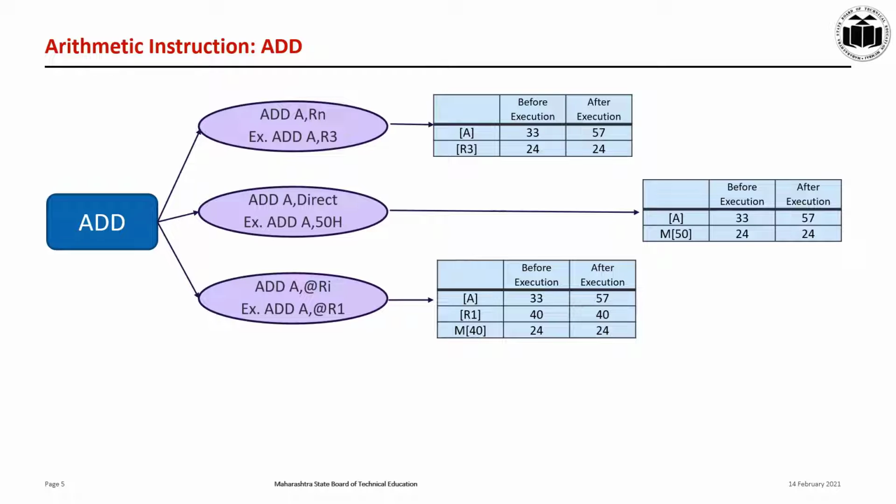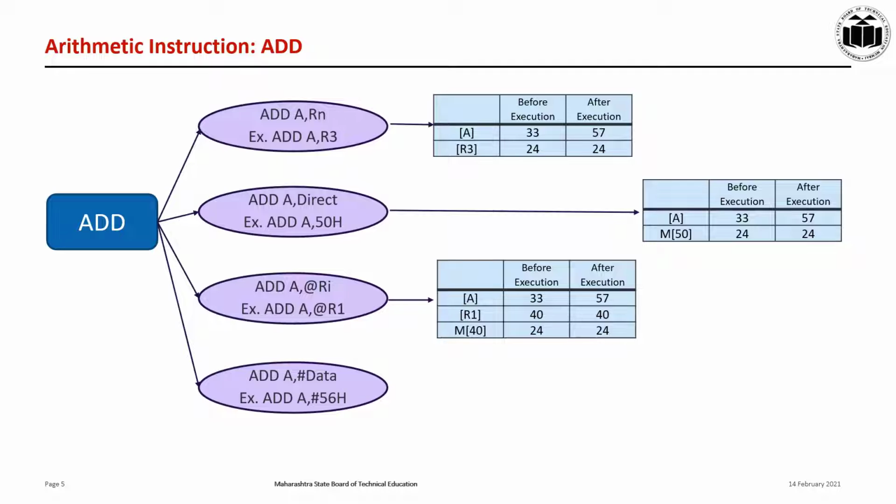Example, ADD A, @R1. If accumulator contains 33H and register R1 contains 40H, then 33 will be added to content of memory location 40H, that is 24H, and result 57 will be stored in accumulator.